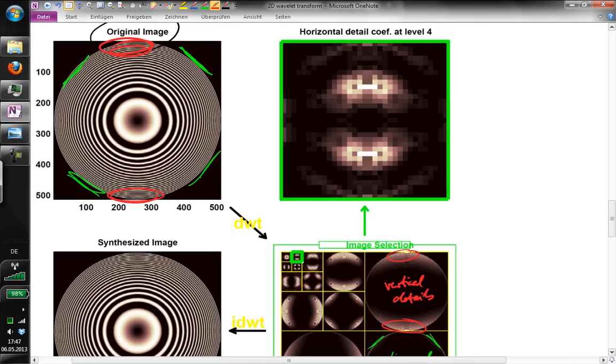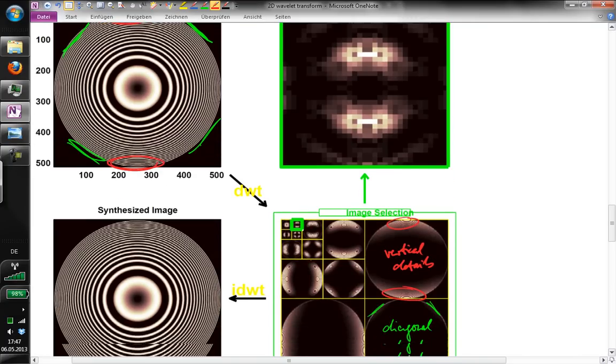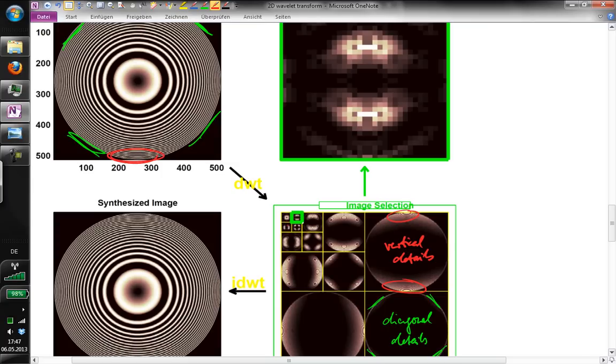As we move in towards the center of this test pattern, we get lower spatial frequencies. And these lower spatial frequencies are represented at other scales. So for example, let me zoom in really far.